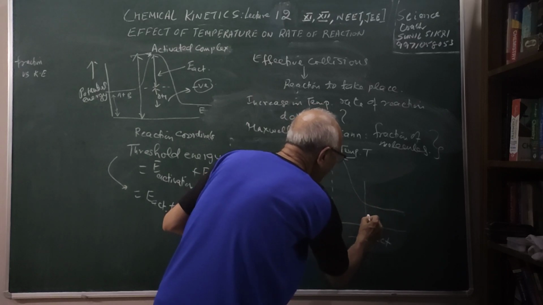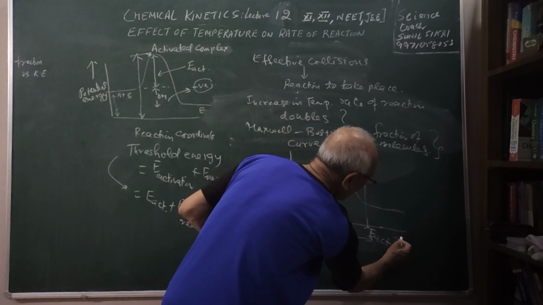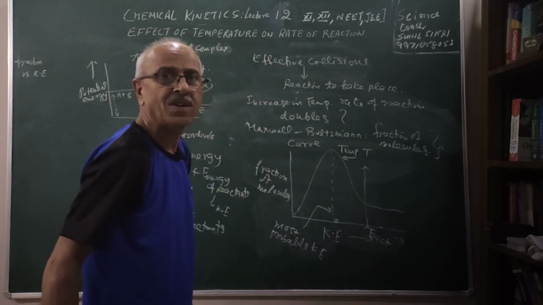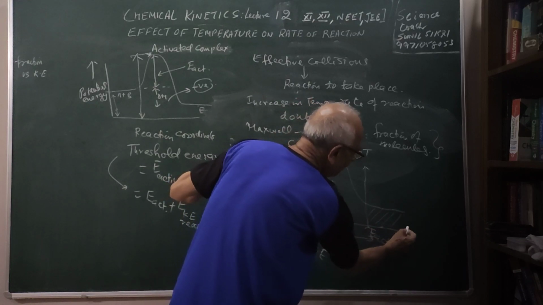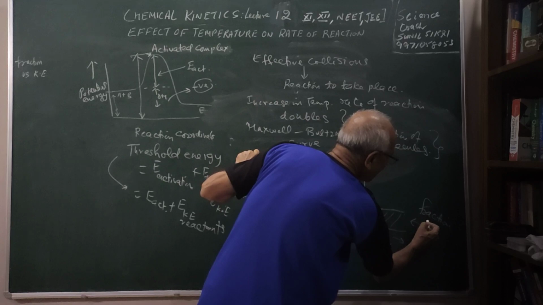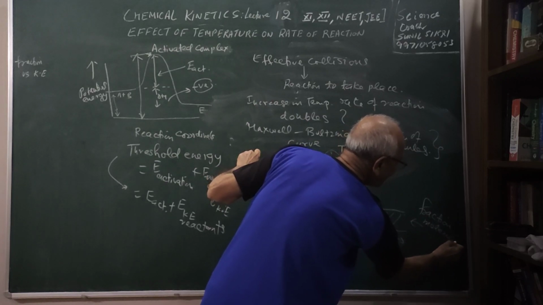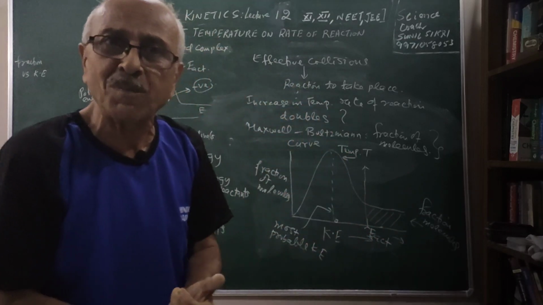Only those molecules which have energy greater than or equal to activation energy will react. So at this temperature, this is the fraction of the molecules which have energy greater than or equal to activation energy. This fraction will react to form the products.